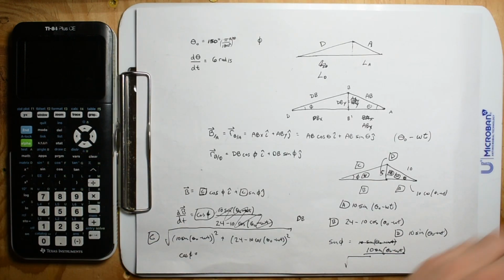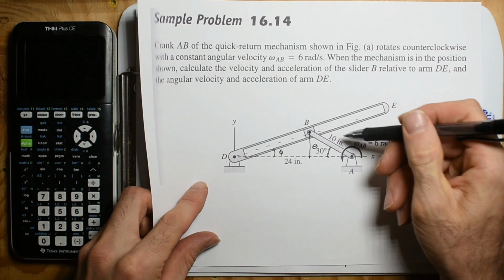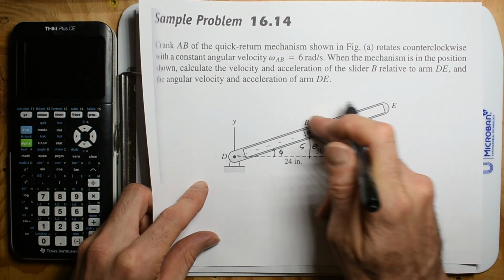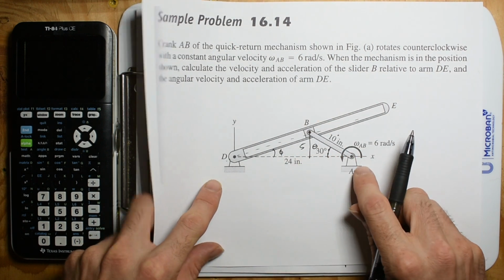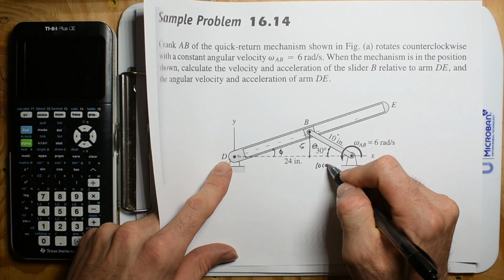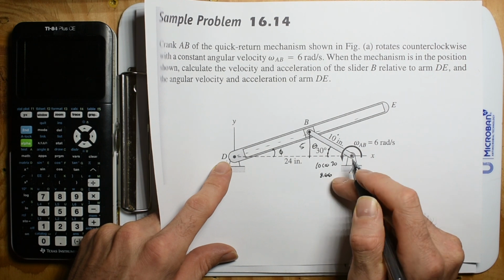So for this one, we're going to divvy it up. We're going to have 10. This is 30, so this is going to be 5 over here. Then we're going to label things. This is going to be 10 cosine of 30, which is 8.66.